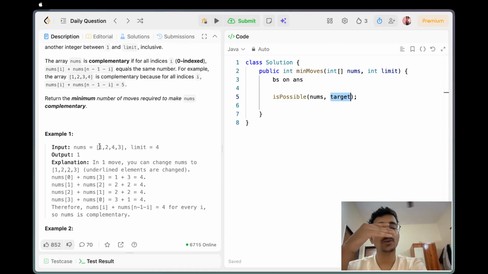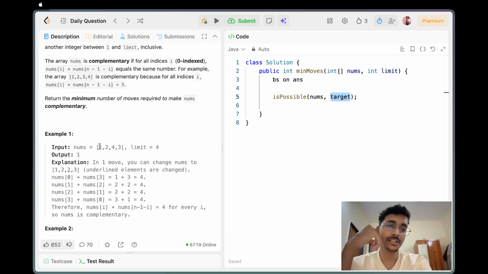How exactly will it check whether it is possible or not?